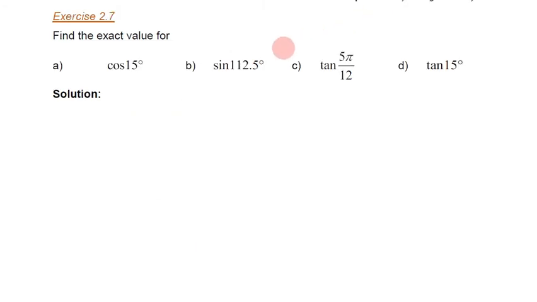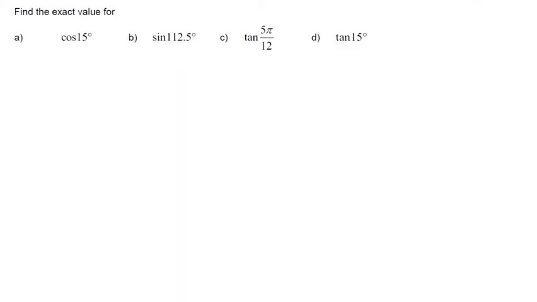Okay, now look at this exercise. Try to do it by yourself. Pause this video and you can look at the answer after this. For exercise A, using the half angle identity, we know that 15 degrees is equivalent to 30 degrees divided by 2. So use the half angle formula.